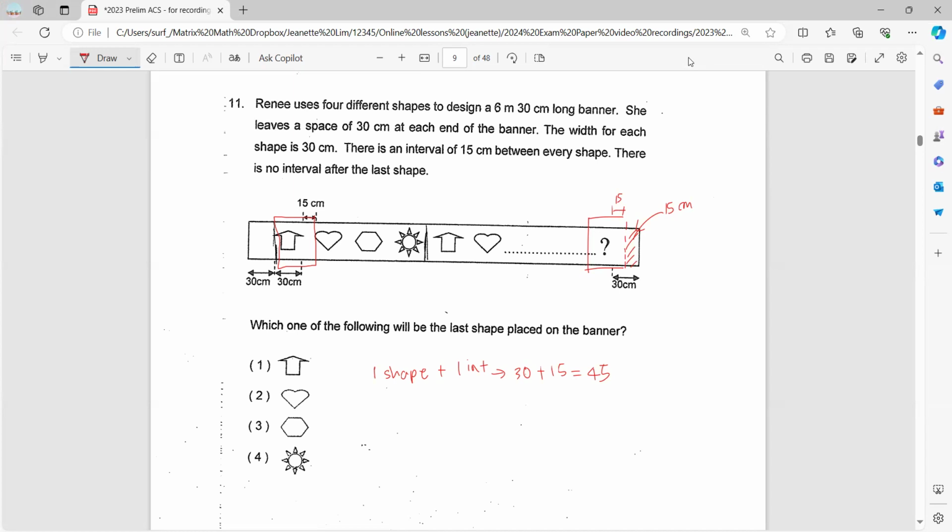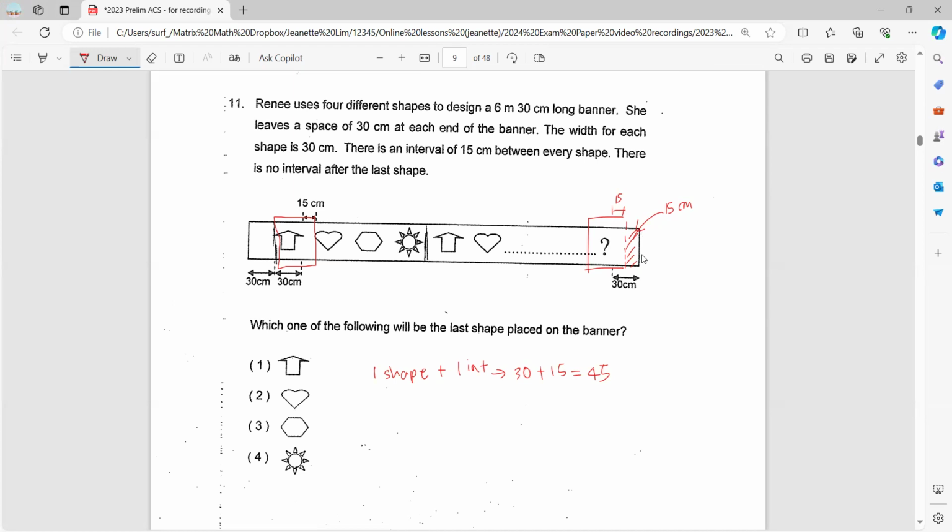First, let's get rid of the excess portions, leaving all the shapes and intervals inside. So let's remove this 30 cm at the start and then remove not 30 cm at the back, but just 15, because I've allocated 15 to the last shape. Since the last shape doesn't have any interval, I make it have one. So this last part here is just 15.